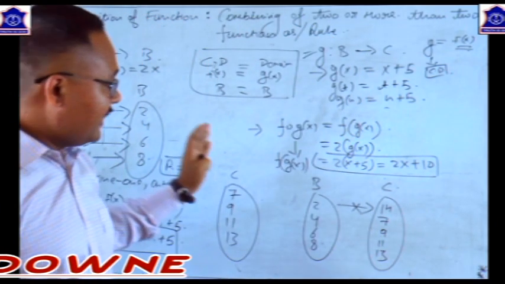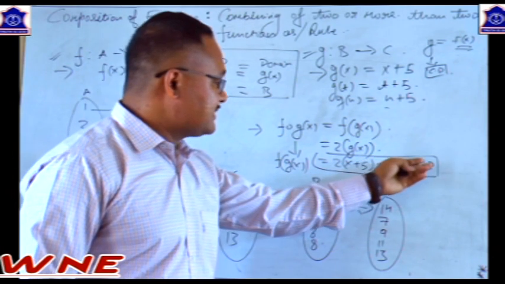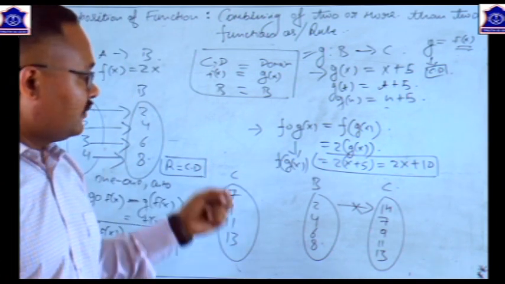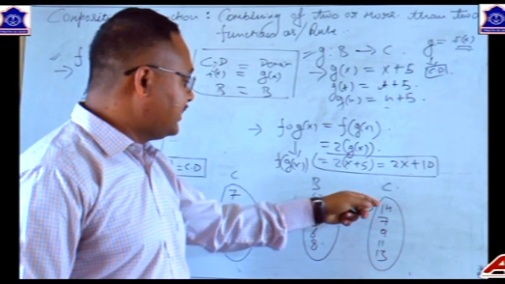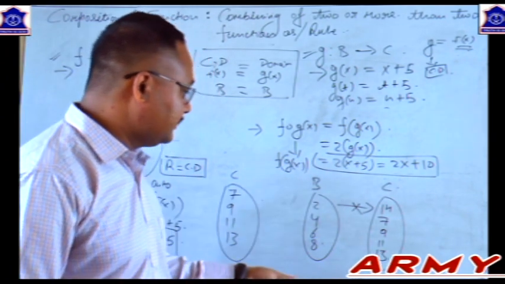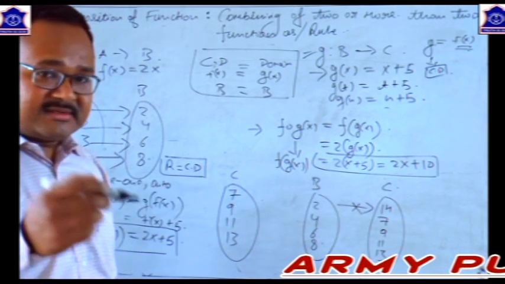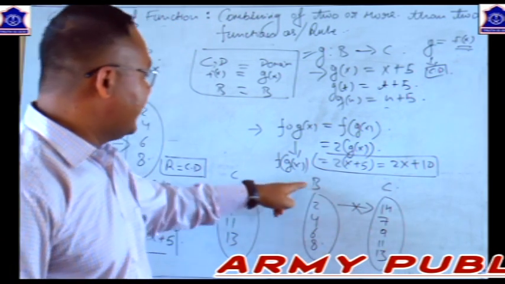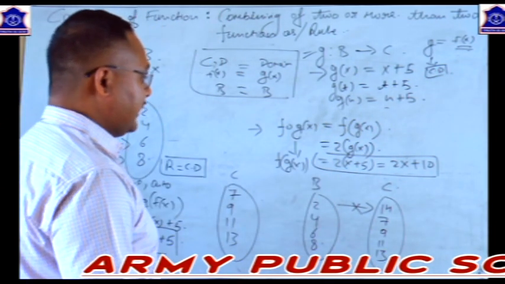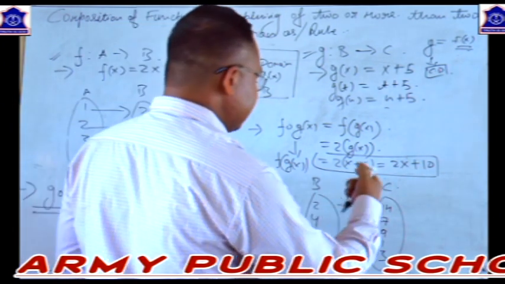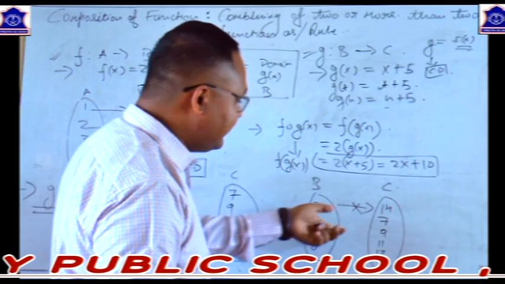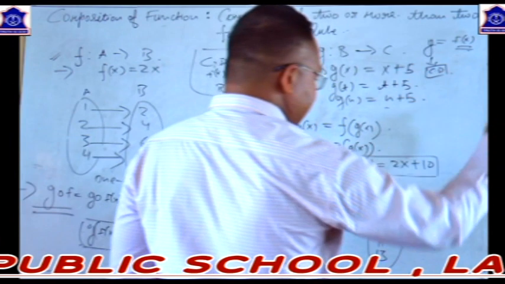Applying this definition, the composed function f of gx, 2x plus 10, does not give any element which is the image of any element of set B. It's a simple concept. Set B is the domain of the function g, and the elements of set C are not related to any of them.